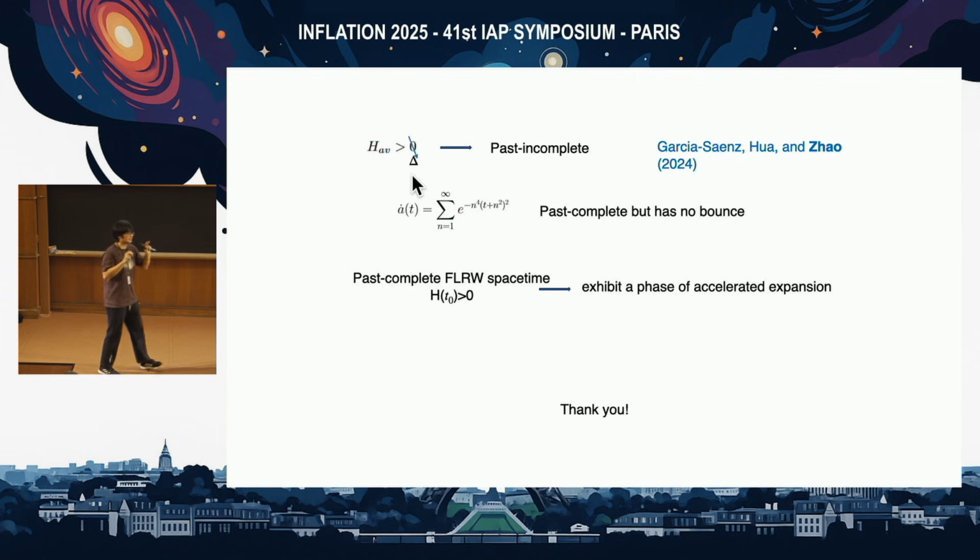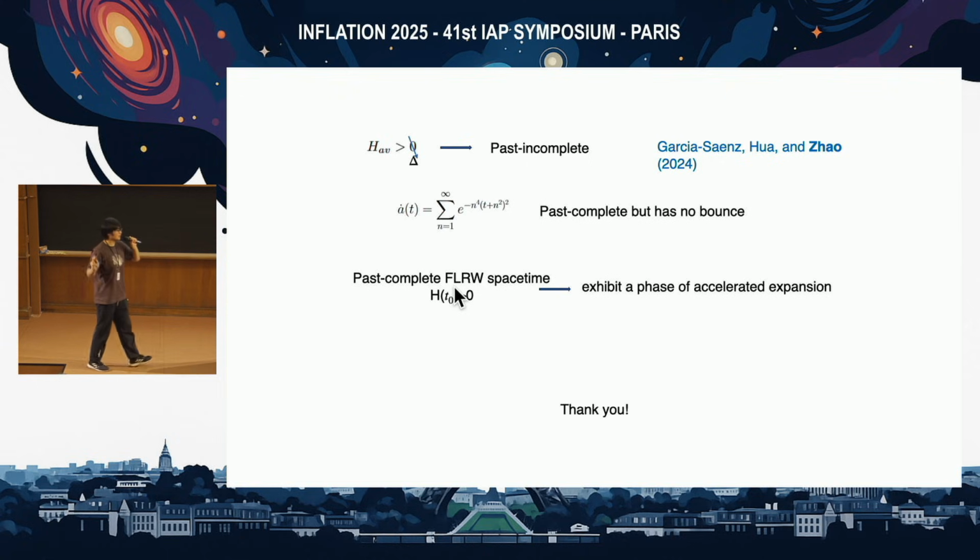In this case, we open a window for the so-called emergent universe, meaning the scale factor equals a positive constant as the cosmic time goes to minus infinity. This is an example of an emergent universe which has no bounce, but is path complete.